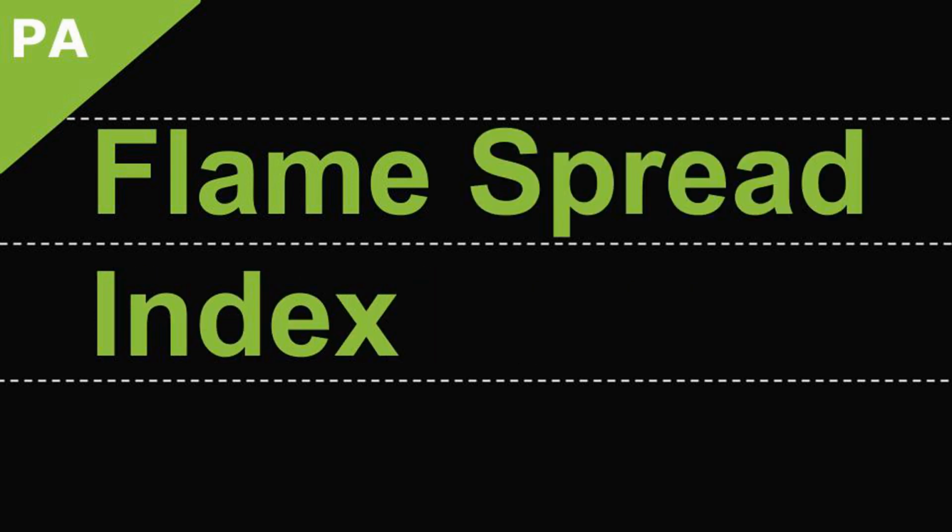Flame spread index. Flame spread index is a numerical value assigned to a material that is tested in accordance with ASTM E84, or the standard test method for surface burning characteristics of building materials. These requirements are located in Chapter 7, Fire and Smoke Protection Features.